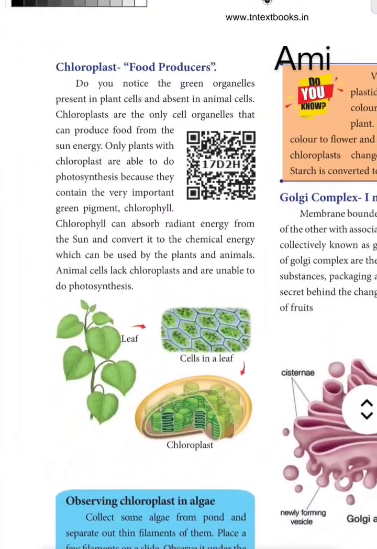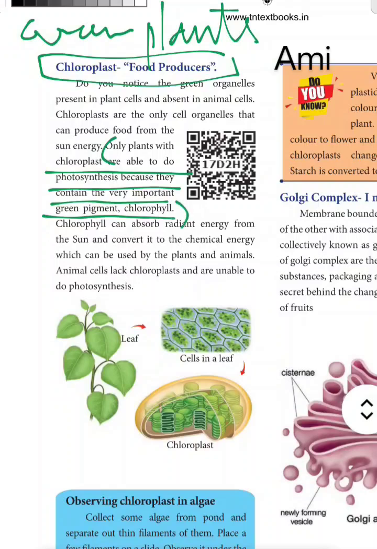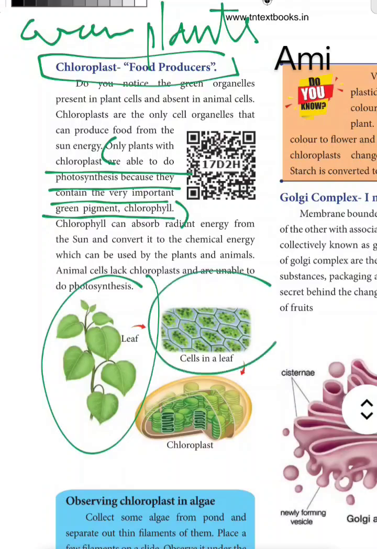Next is the chloroplast, the food producers. These are present in green plants. Only plants with chloroplast are able to do photosynthesis, because they contain the very important green pigment called chlorophyll. There is a leaf, there are cells in the leaf, and in that cell you can observe a structure known as chloroplast.